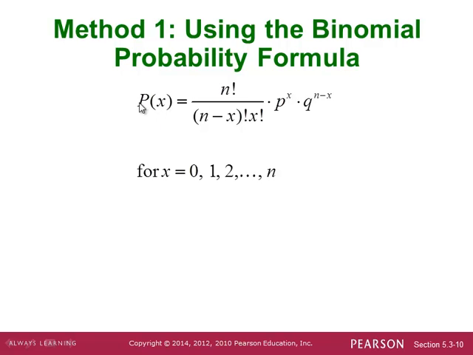This tells you that the probability for x number of successes out of n number of trials is going to be n factorial divided by the product of (n minus x) factorial, which, by the way, is the number of failures, so number of failures factorial, times successes factorial, times the probability p of one success raised to the x power, times q, which is the probability of one failure, raised to the n minus x power.